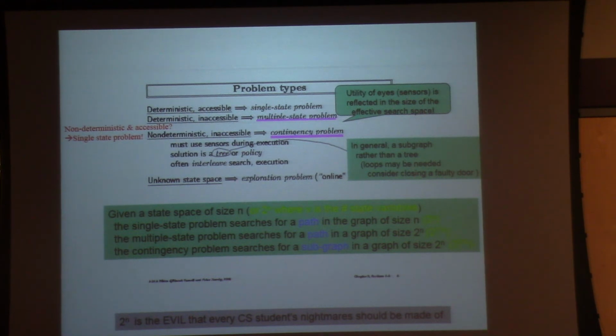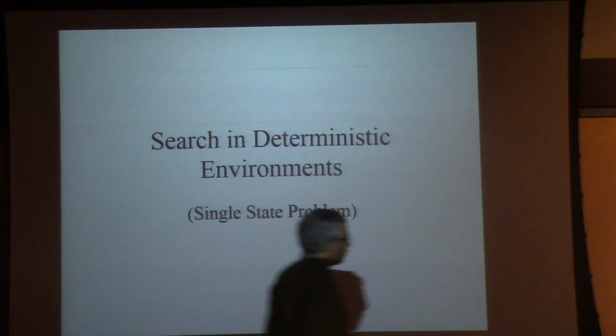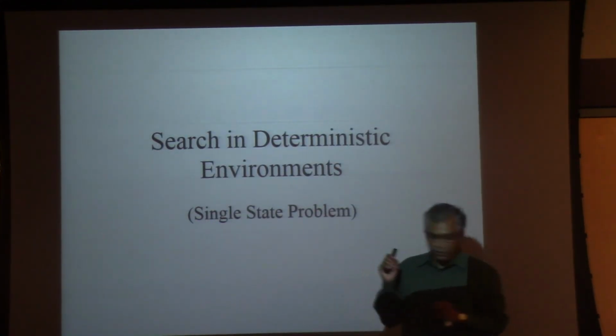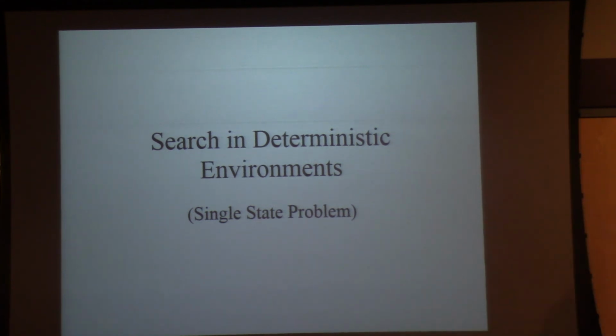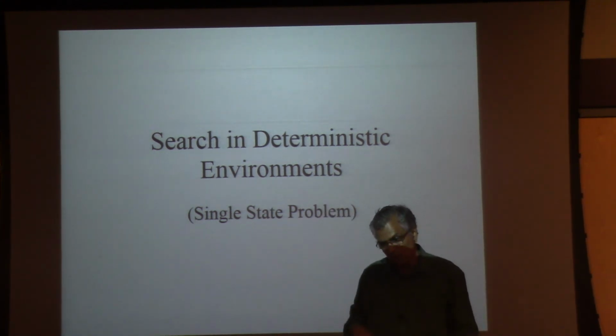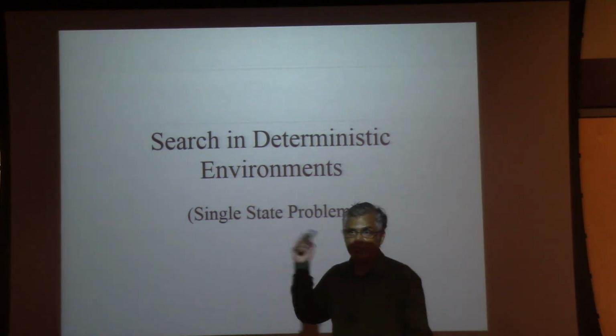And if you get probabilistic knowledge, it becomes a nice infinity. Those are the sizes of the search spaces that you're searching. What I'm going to do is orient you towards deterministic environment search, and then we'll continue next week when I come back into informed search.